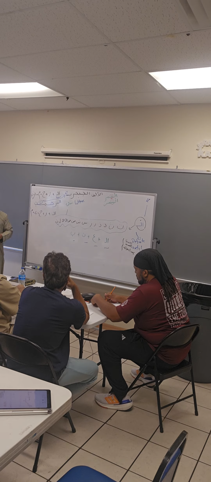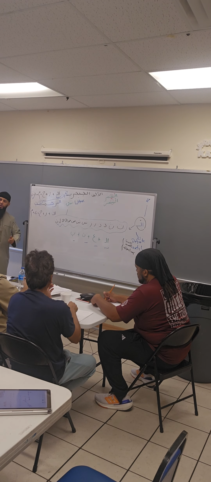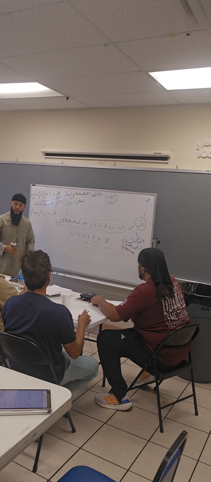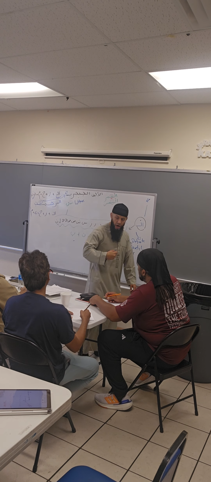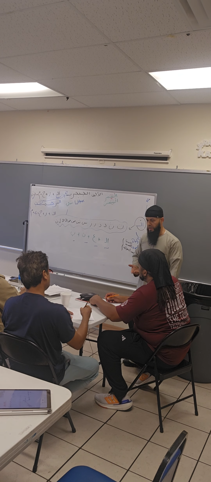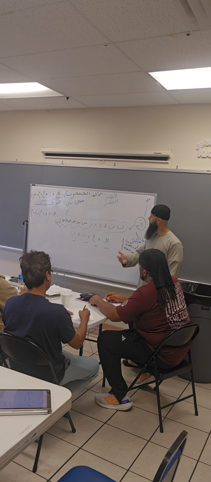Try to connect it. It's practice for you. It's good that you try to connect the letters. That's how you're going to improve your writing. Otherwise, you're not going to improve if you don't try. And even if you fail, it's okay, guys. Try one time and another.